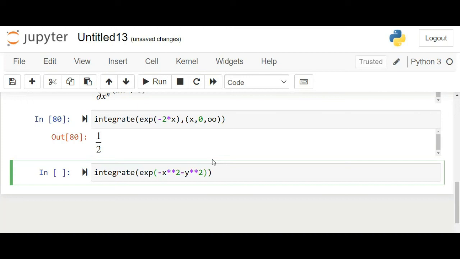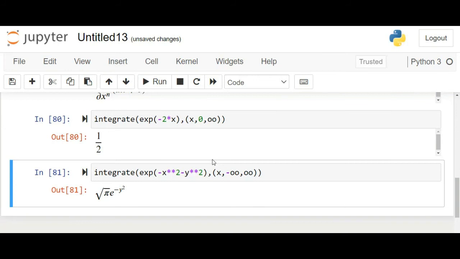and then we will write exponential of minus x square, comma, inside the parenthesis we shall write x, comma, minus infinity, comma, plus infinity, and then if we press Control and Enter, our answer will be square root of pi times e raised to the power minus y square.